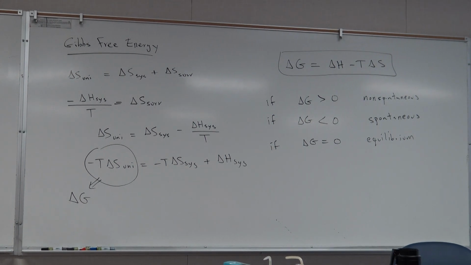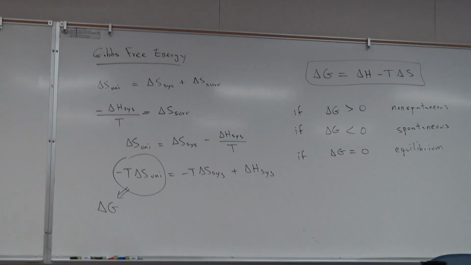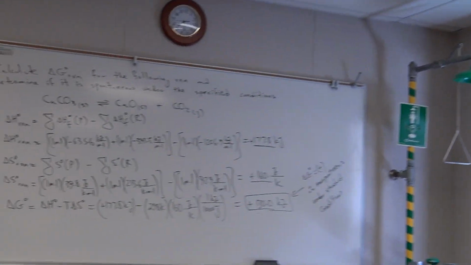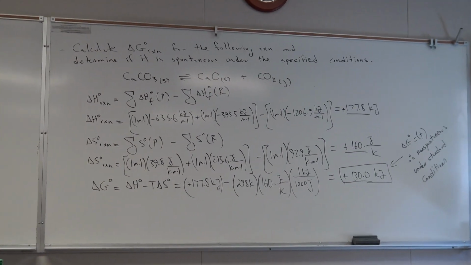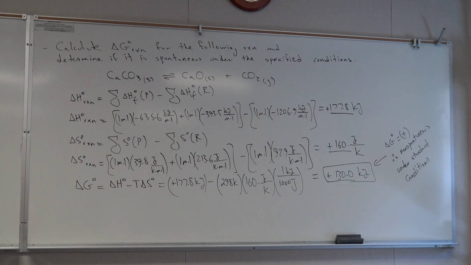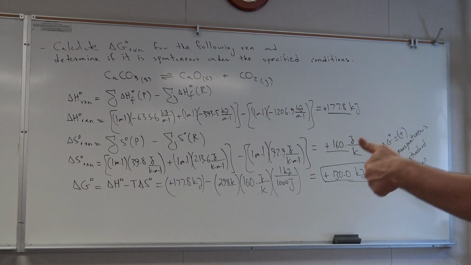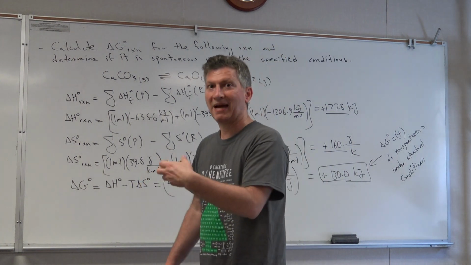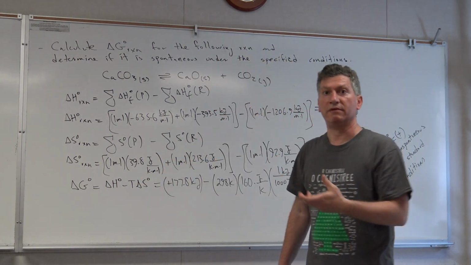For example, if the delta G for a process is minus 100 kilojoules per mole, as a result of that reaction, that means that once 1 mole gets converted to products, not only is that process spontaneous because delta G is negative, you can also get a maximum of 100 kilojoules of work out of it.